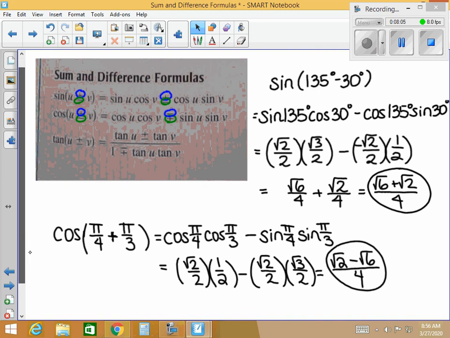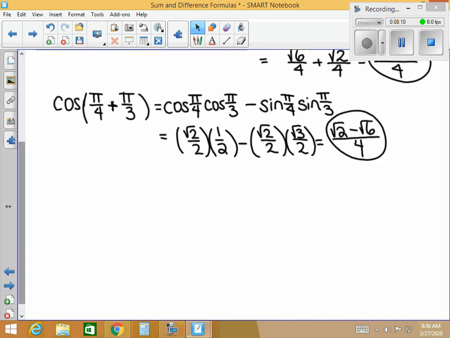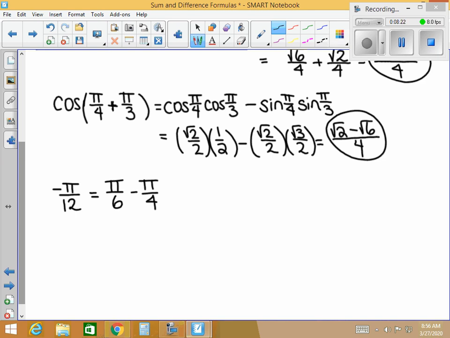So, at your desk, at home, please, and the author again helps us out here. It says, hey, I'm going to let you know that negative pi over 12 is the same thing as pi over 6 minus pi over 4. And so I would really like it very much if you would find me sine of negative pi over 12.